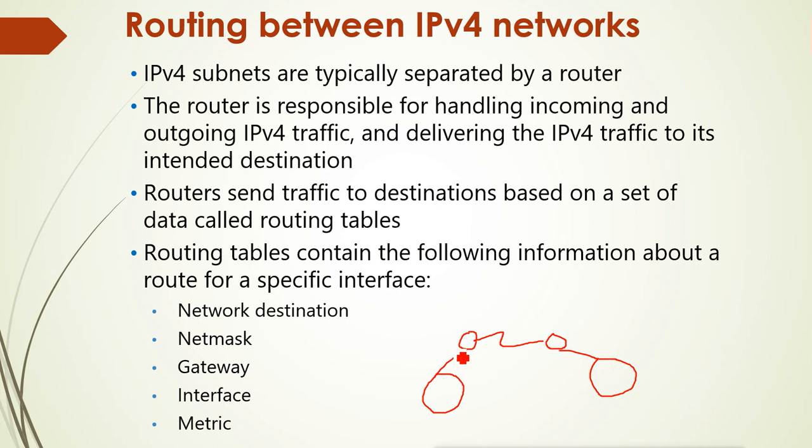In the routing table, the router knows about the destination network, its subnet mask, and also the gateway. The gateway means the router's interface address where it can go to this network. It also knows the interface, meaning which interface of the router it can use to go to this network.